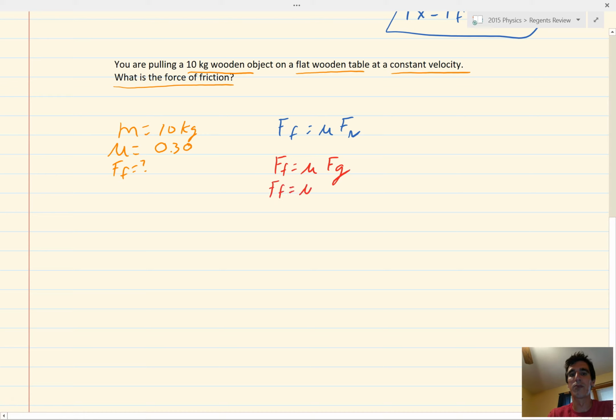Now Ff is mu mg. So now we can plug in our values. Ff equals 0.30 times 10 kilograms times, we'll round it up again to 10 meters per second squared. 10 times 10 is 100, 0.3 of that is 30, so Ff is 30 newtons.